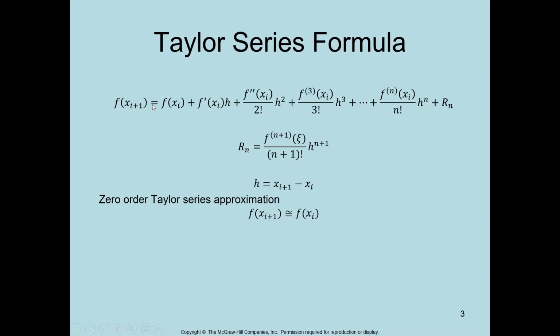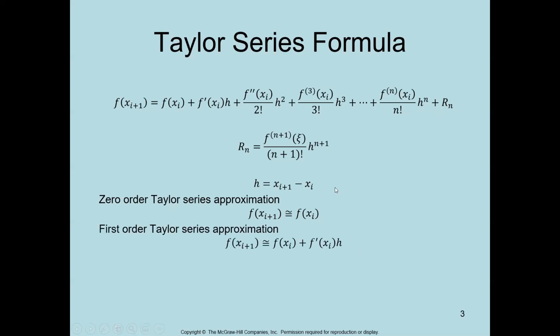Here we use the exactly equal sign because we are also adding the remainder term. Since we want to use the Taylor series for approximation, starting from the lowest level, this will only use the first term of the Taylor series.